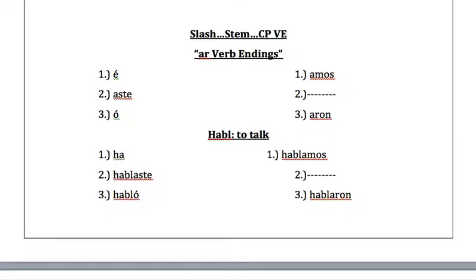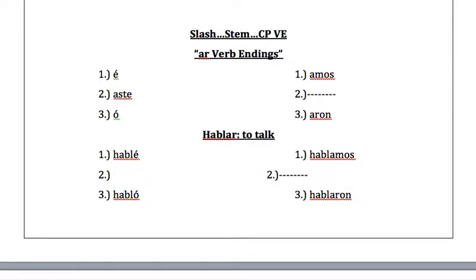The second step is write the stem, and the third and final step is to copy and paste the verb ending. Right there, hablé. Once we take the verb, we slash the ending, we write the stem, copy and paste the verb ending, hablaste. Same thing here, habló, hablamos, hablaron.